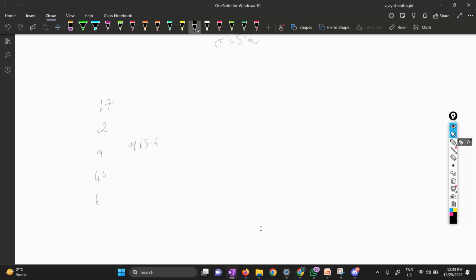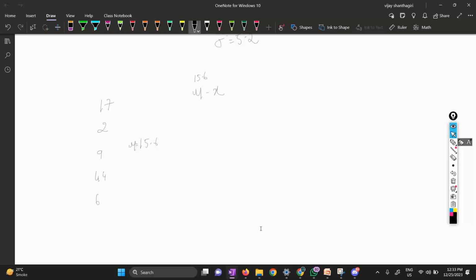Now, just tell me mu minus x. Then later we'll square it. Mu is 15 minus 17, 2.6. Minus 2.6, correct? Are you sure? Did you do it with calculator?